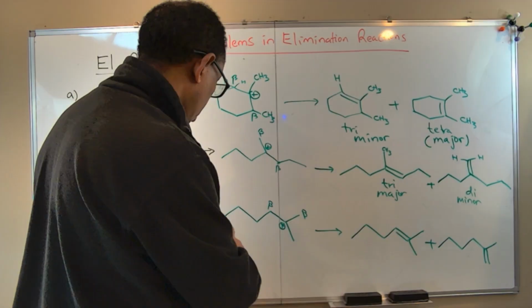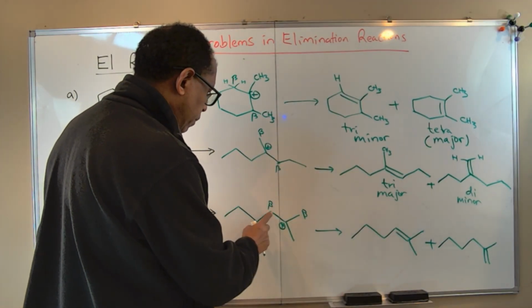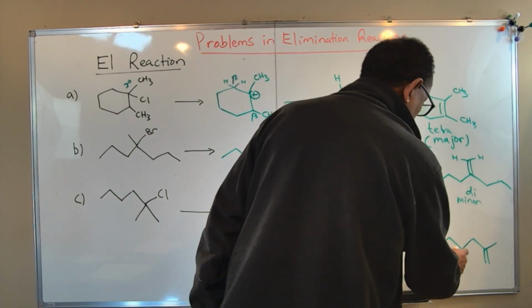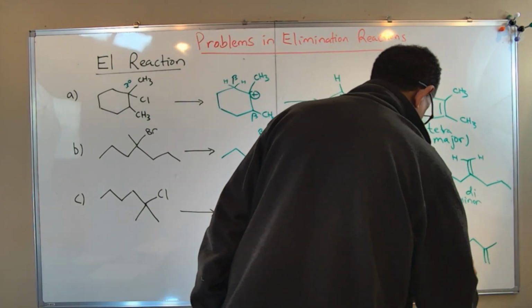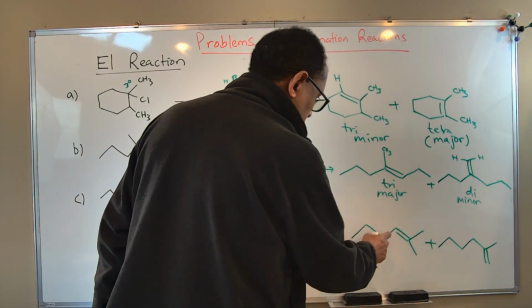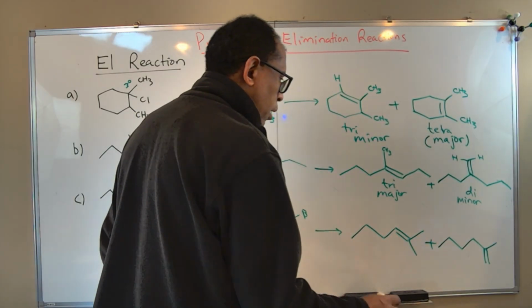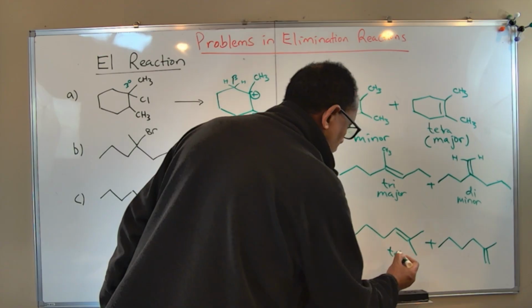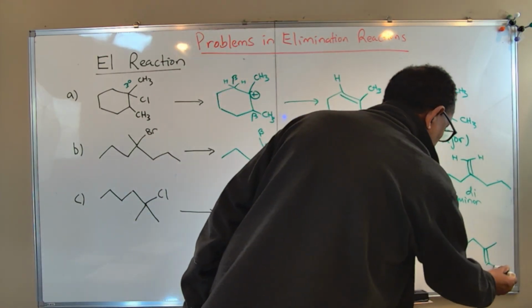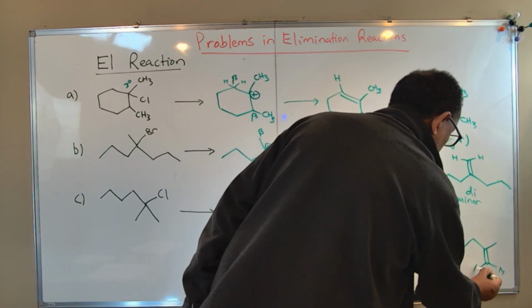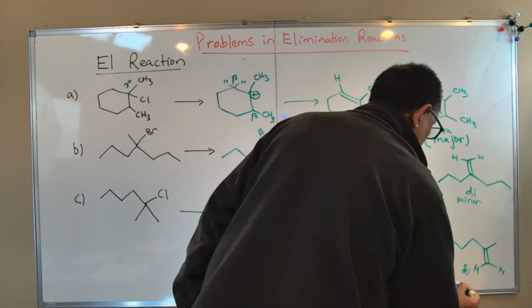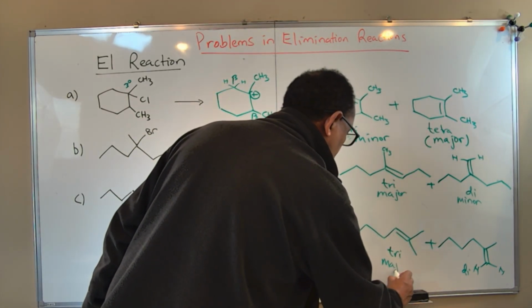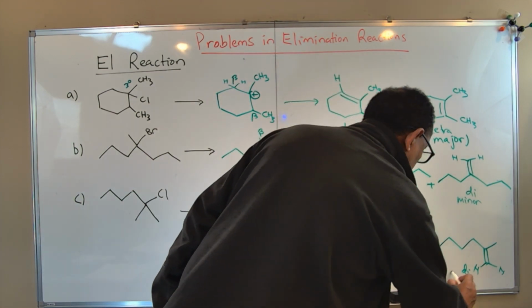I think it's true. 1, 2, 3, 4, 5, 6. If you just look at this, this is tri-substituted, and this is di-substituted. Therefore, the tri-substituted is major, and this is minor.